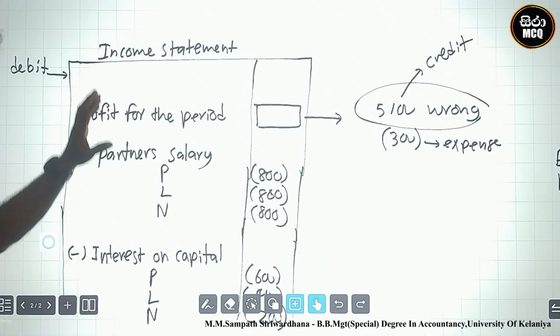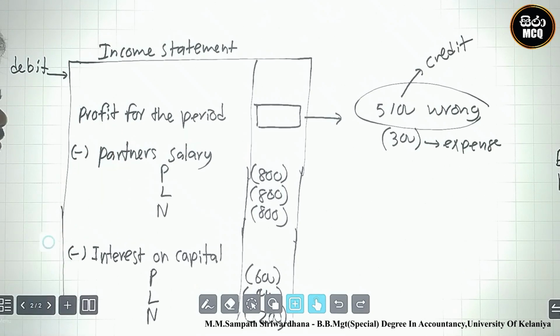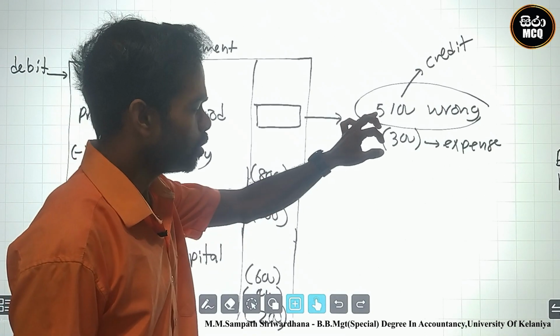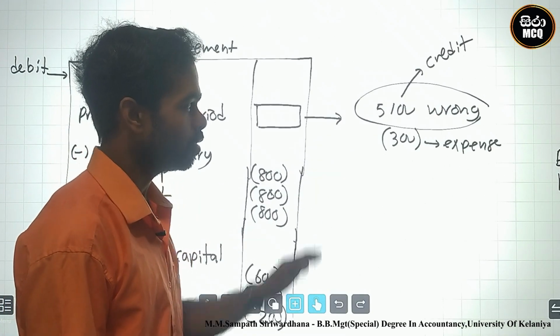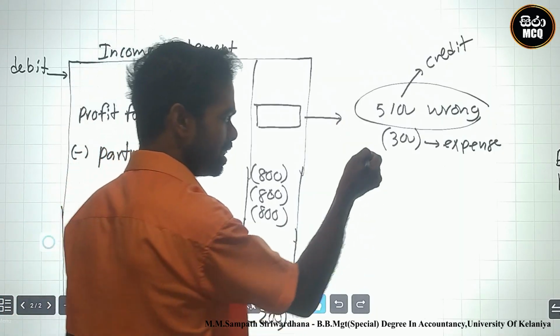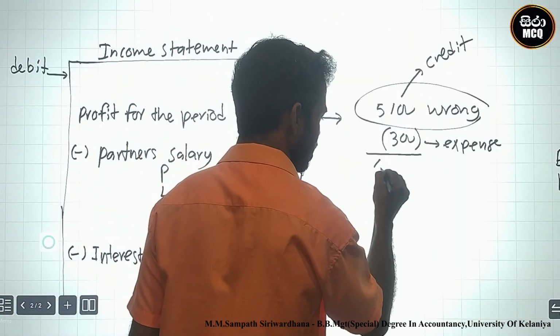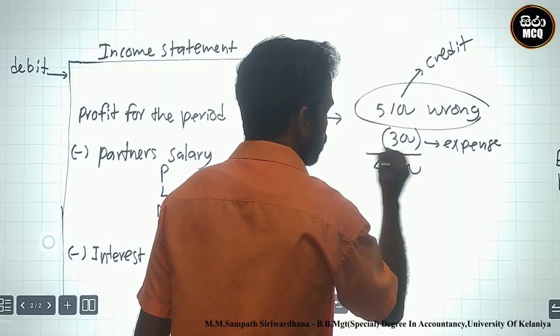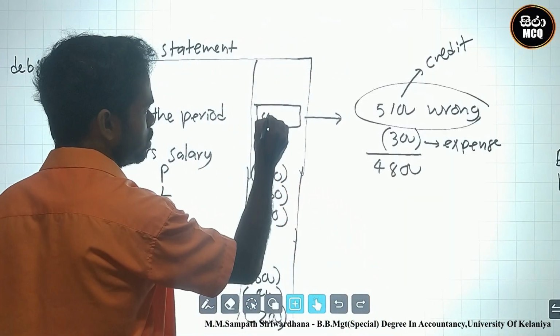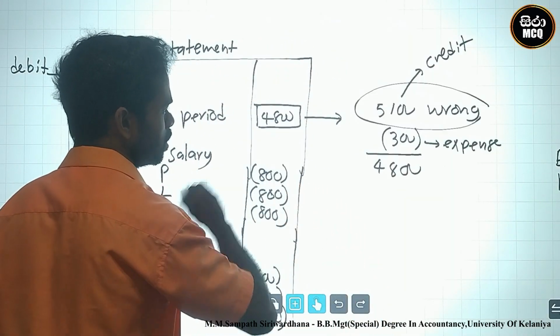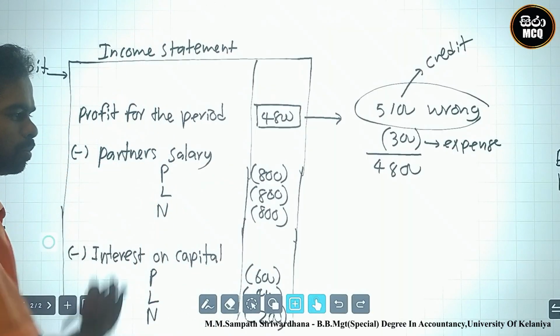Look here, this is the income statement. This is the draft profit calculated. 5100 was wrong profit. We adjust expense minus, correct profit is 4800. 4800 should be carried to profit for the period.